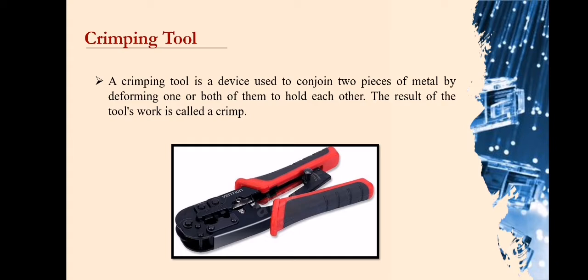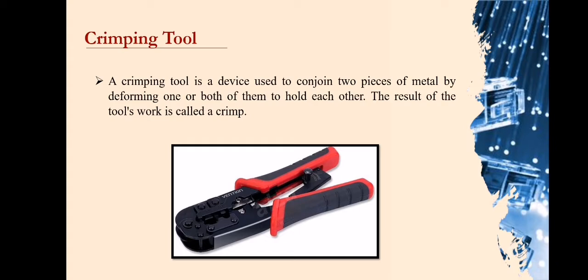The result of the tool's work is called a crimp. An example of crimping is affixing a connector to the end of a cable. For instance, network cables and phone cables are created using a crimping tool, as shown in this example.